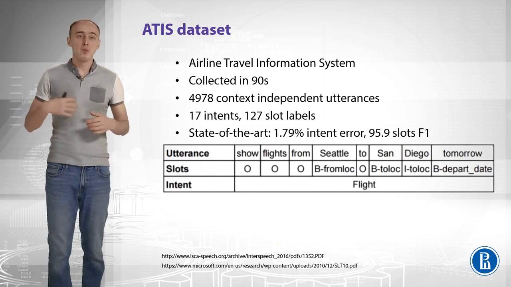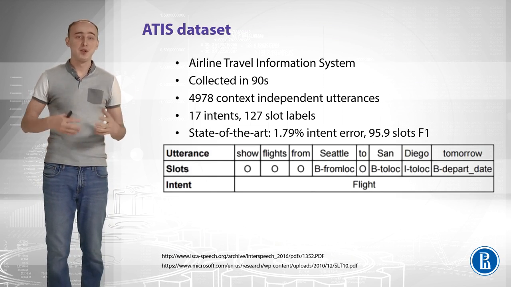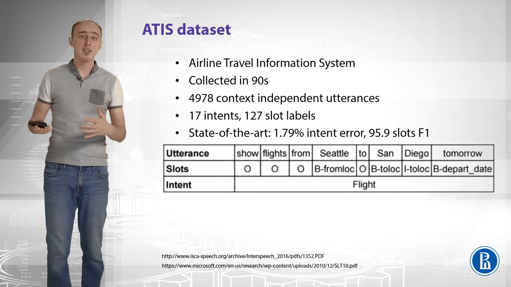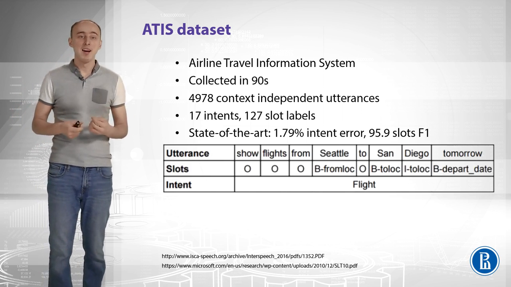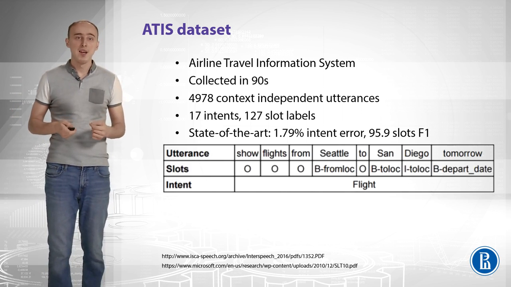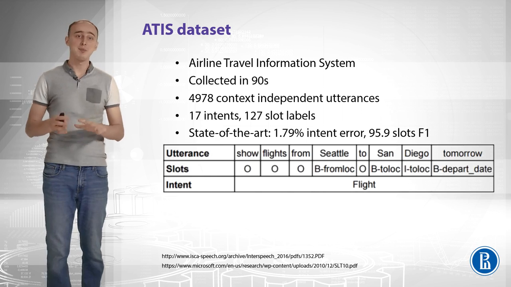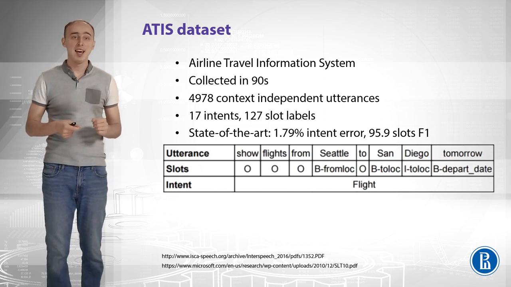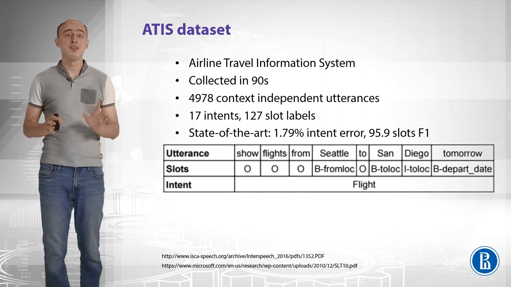Okay, to move further, let me remind you, we are reviewing the intent classifier and slot tagger, and we need some dataset so that we can use it for our overview. Let's take the ATIS dataset. It is the Airline Travel Information System. It was collected back in the 90s, and it has roughly 5,000 context-independent utterances, and that is important.